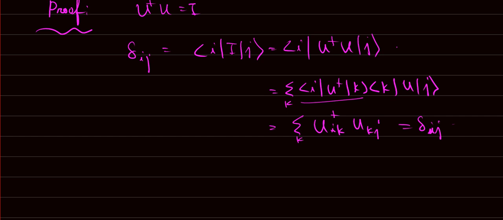So it proves our point that if we take the product of the unitary matrix and its adjoint, it gives us the identity matrix. So we can say that the columns of an n by n unitary matrix are components of n orthonormal vectors. In the same way, the rows may be interpreted as components of orthonormal vectors.